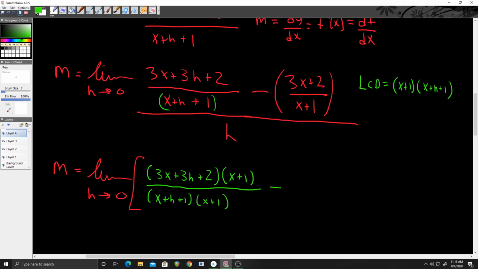Minus. Same reasoning. This one has x plus 1. It's missing x plus h plus 1. Minus 3x plus 2 times x plus h plus 1 over x plus 1, x plus h plus 1.